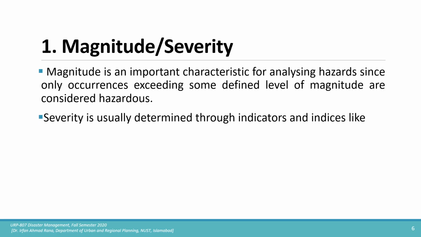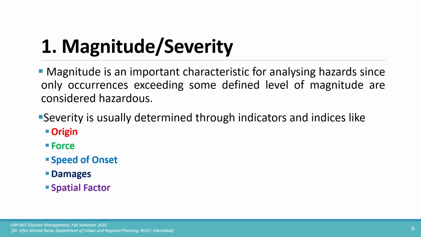Severity or intensity of a hazard can be defined as an escalation of a phenomenon into different classes or categories like mild, moderate, severe, and extreme. These are usually determined through indicators or indexes, and these indexes include origin, force, speed of onset, damages, and spatial effects.